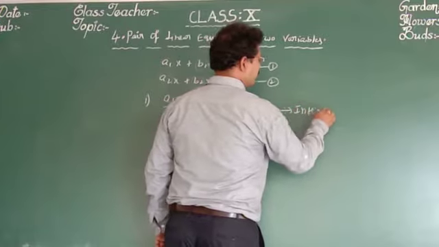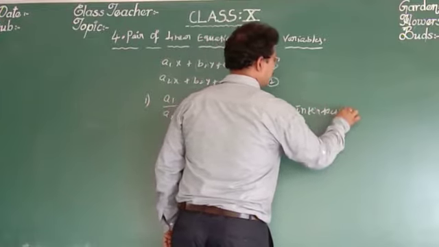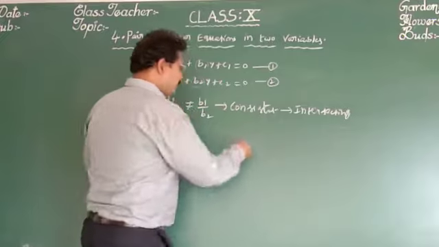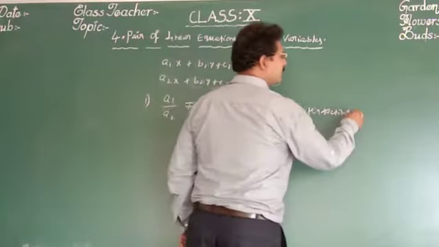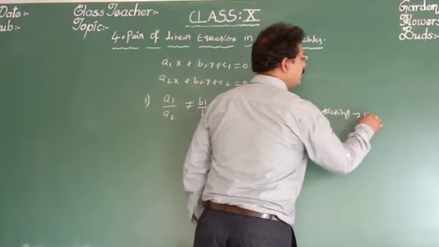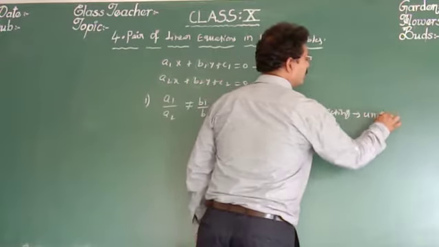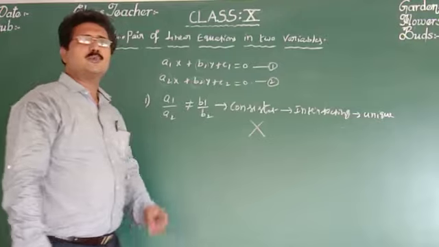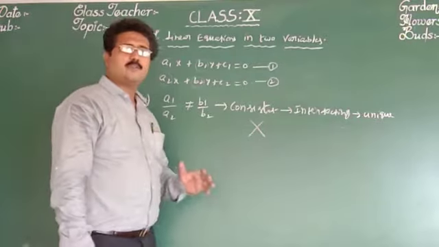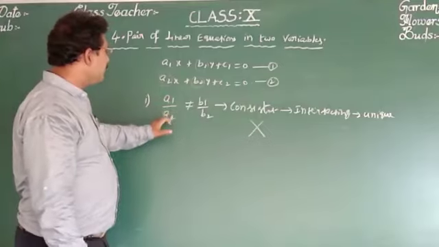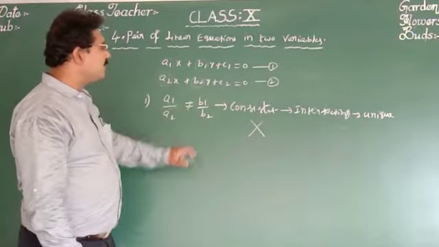Those two lines are intersecting lines. In these intersecting lines, only a unique solution will come. How many solutions? Only a unique solution. So the most important first condition is a1 by a2 is not equal to b1 by b2.